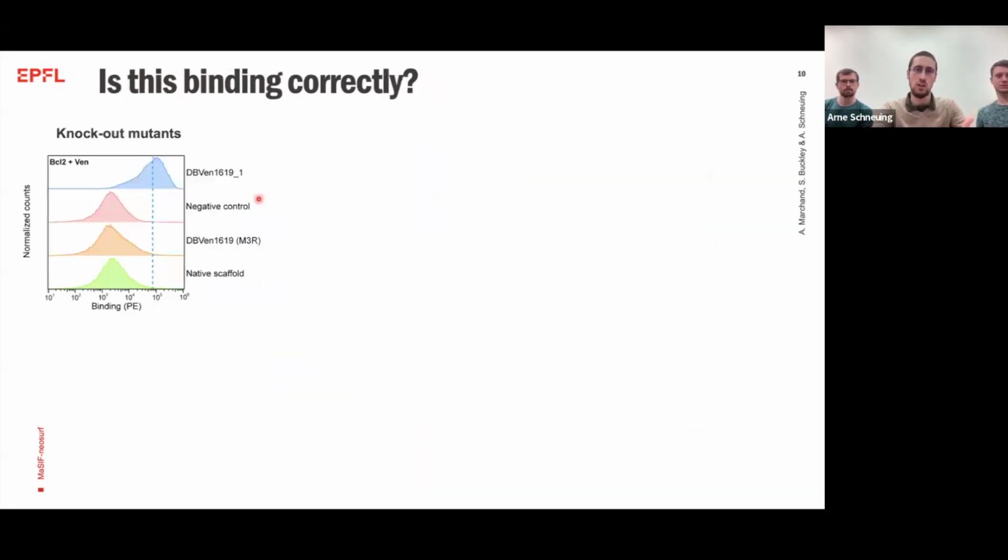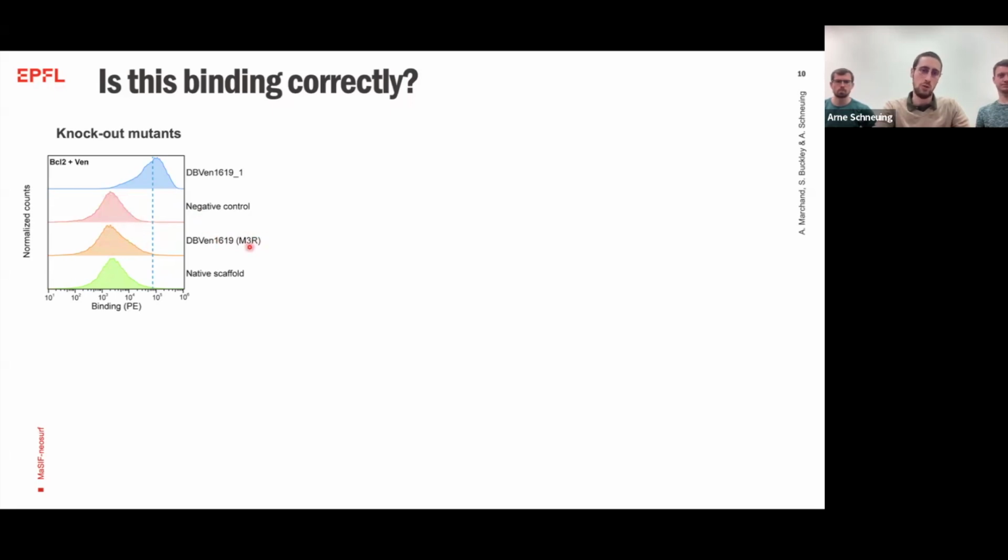So that's one of the strategies to see if your binding mode matches your computational expectation. And this is what we did here. That's the binding signal that we got in presence of the small molecule with the native binder. And if you do this point mutation at the interface, you see now that the binding is completely abrogated and overlaps with the negative control.